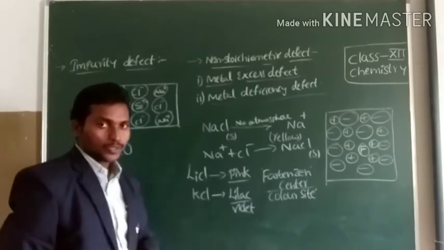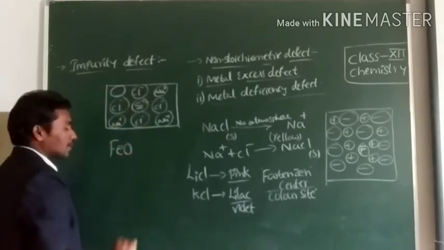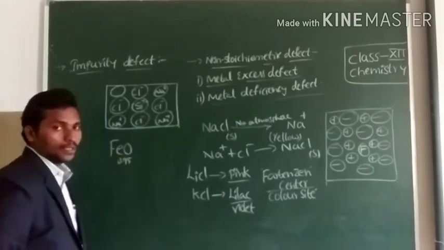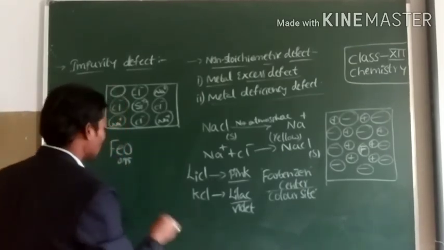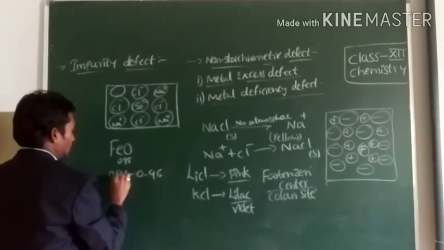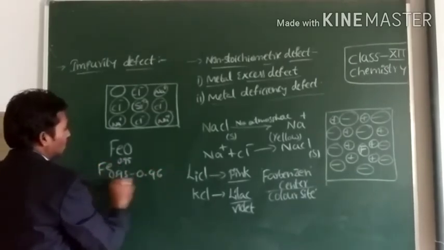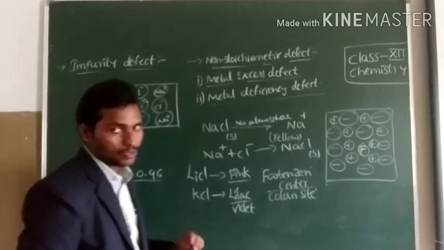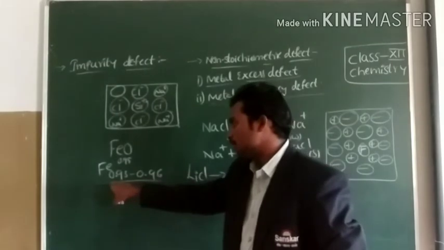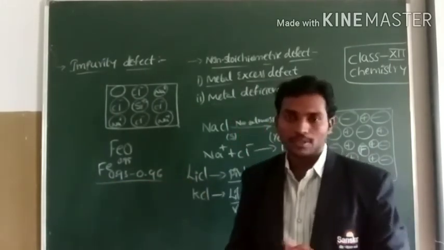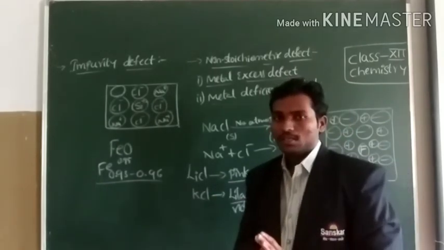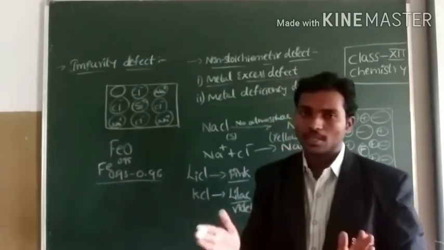The stoichiometric proportion of iron in FeO is 0.95, but actually it varies from 0.93 to 0.96. So it may not have a particular composition of the metal.